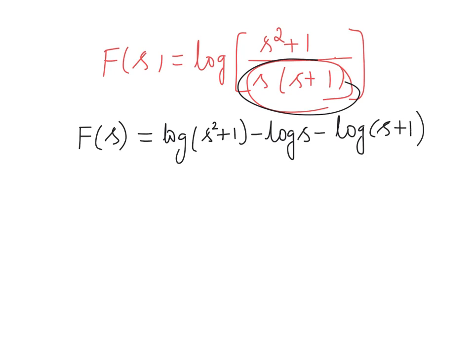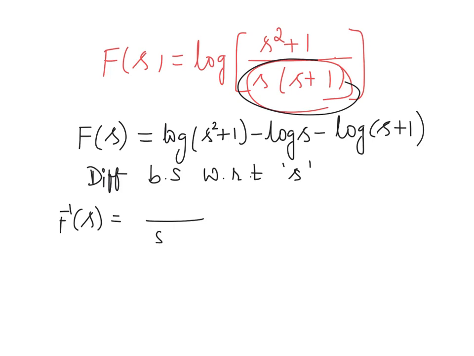Next we differentiate both sides with respect to s. We get, on the left side, f dash s, and on the right side, 1 divided by s square plus 1 into 2s, since log function differentiation, minus 1 by s minus 1 by s plus 1.